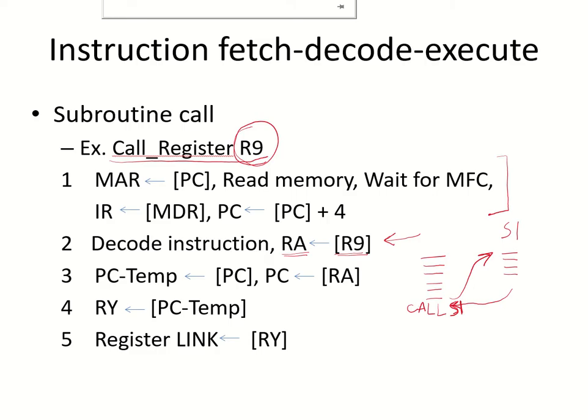But before going to the subroutine, the program counter will store its contents into a PC temp, which is a temporary register. It will save it temporarily over here, and the contents of RA will go to PC, which is the address of the subroutine. So the program counter already has the address of this instruction from where the next instruction cycle will begin.